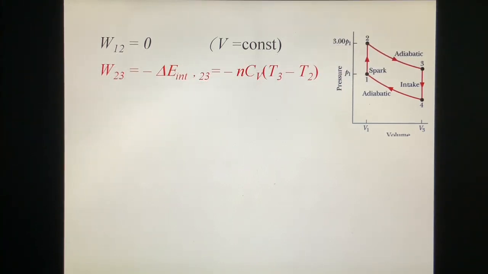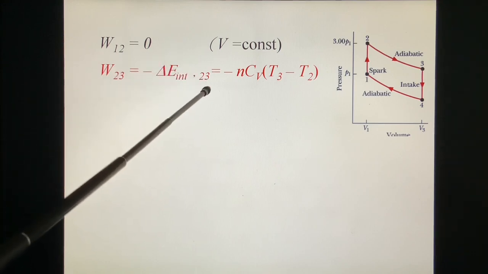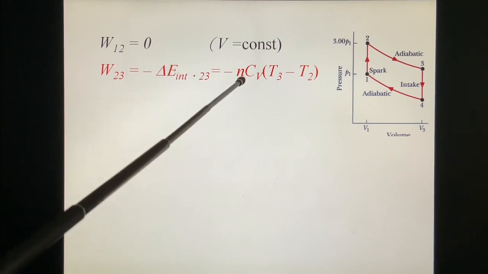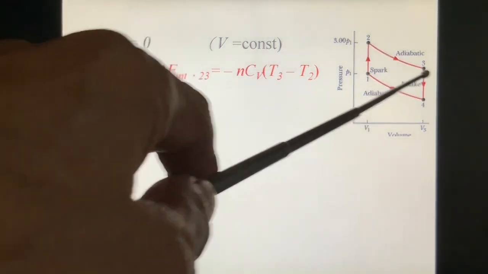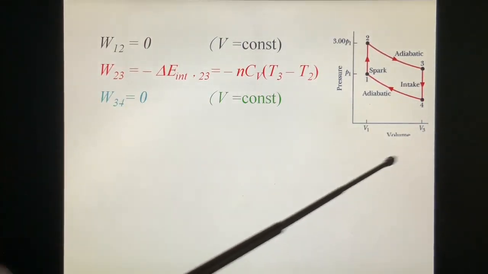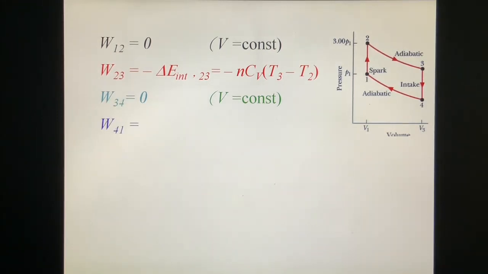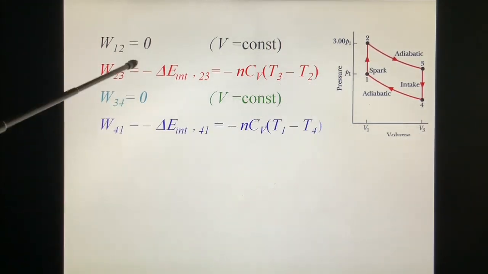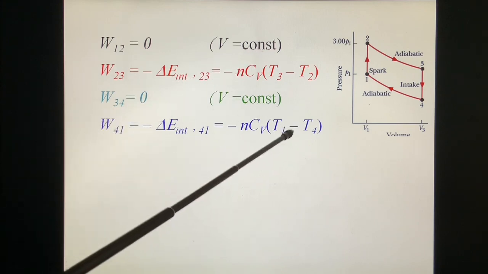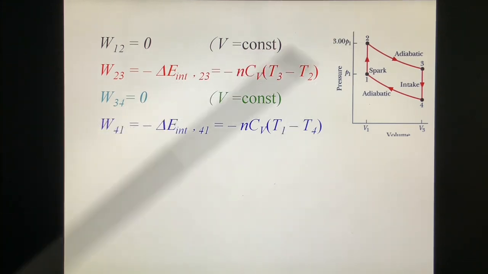By the first law of thermodynamics, W equals minus delta E internal for 2 to 3. This equals minus n Cv times T3 minus T2. And 3 to 4 is 0 because V is constant. And 4 to 1, similar to this one, equals n Cv times T1 minus T4, final minus initial.